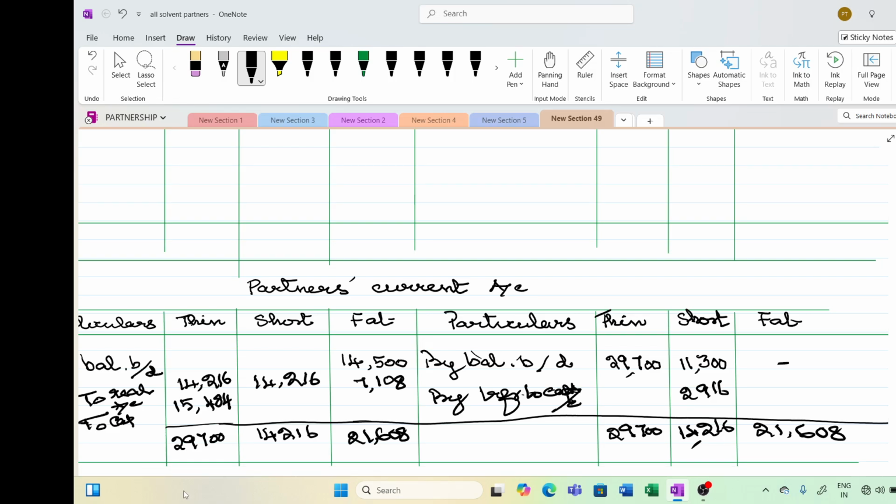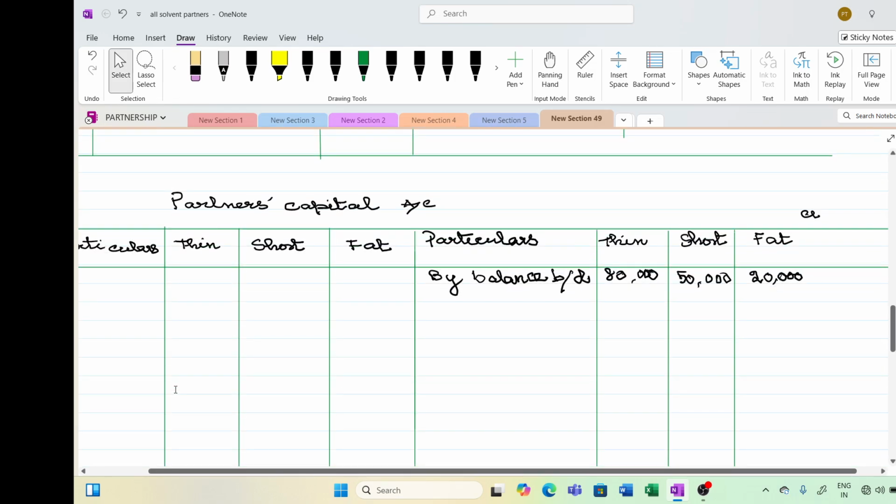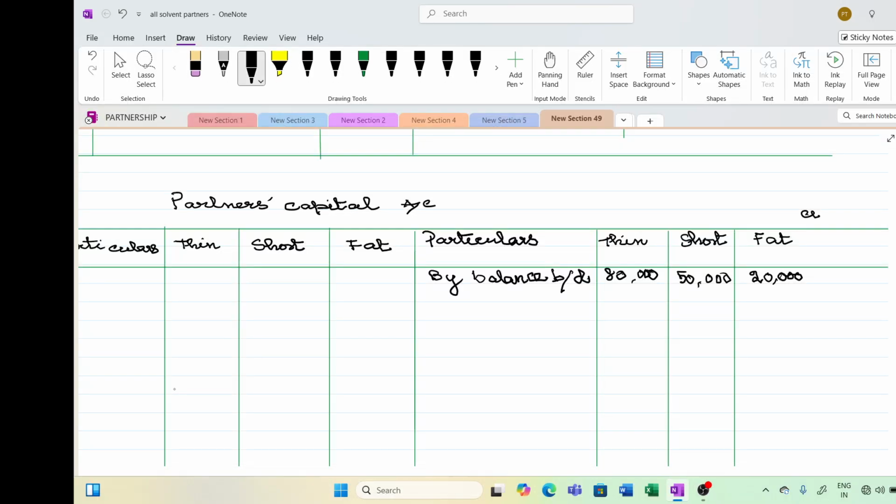We are going to transfer it to capital account. So in here, to current account. These two fellows will have a debit balance: 2916, and this fellow is 21,608.